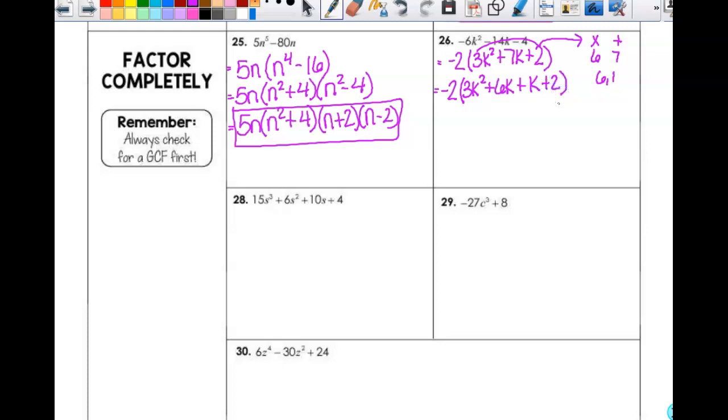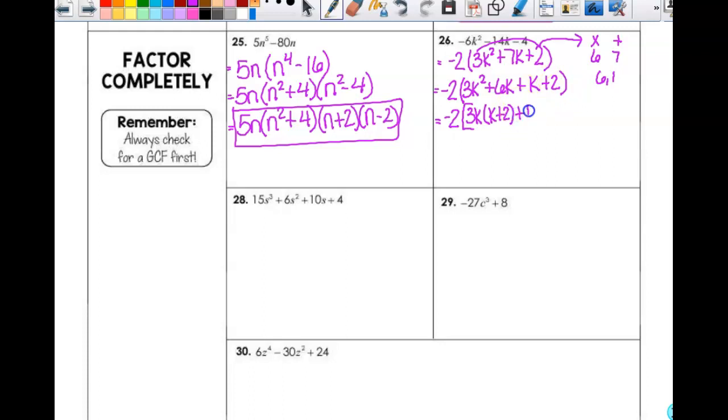Then I'm going to switch my parentheses here to brackets so that I don't get all my parentheses confused, because you cannot drop off this negative 2. You can't lose him, do your thing, and go put him back on there. It doesn't work that way. So this negative 2 still has to hang out here. Then I'm going to factor out of these two terms. It's going to give me a 3k, and that's k plus 2.